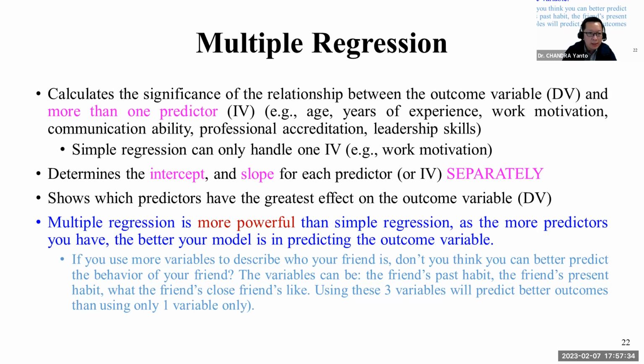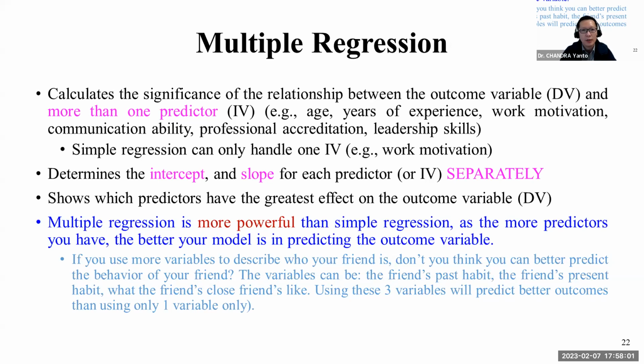We look at the intercept or the constant value, the B0, and the slope, which is the beta coefficient, separately for each variable. You should have learned by now that multiple regression is more powerful than a simple bivariate regression, because you throw in more independent variables to explain your dependent variable.